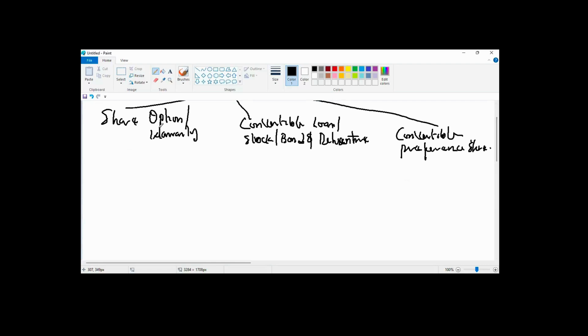Okay? For share options, what are the features?